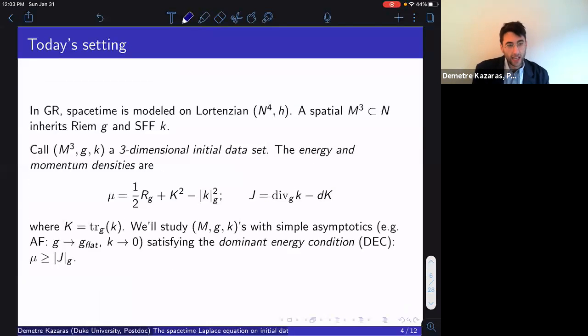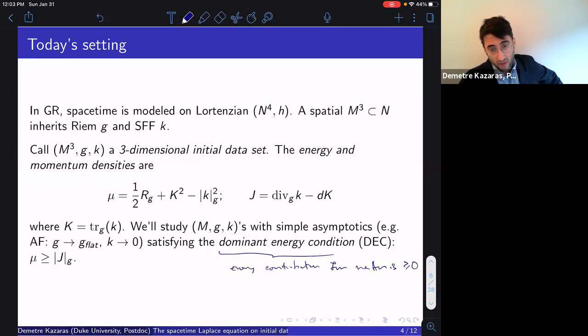Now, in general relativity, one doesn't study just an arbitrary Lorentzian manifold. Not all Lorentzian manifolds would be considered as a model for spacetime. You restrict your attention to those Lorentzian manifolds which satisfy a dominant energy condition.